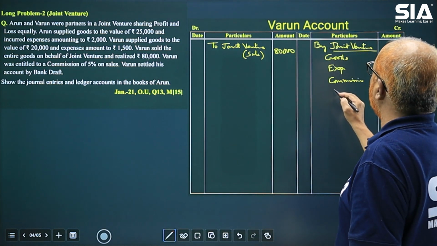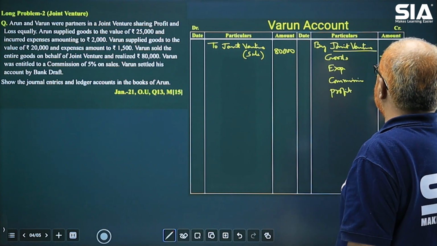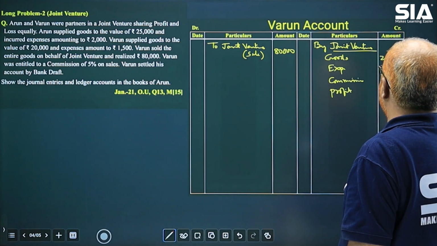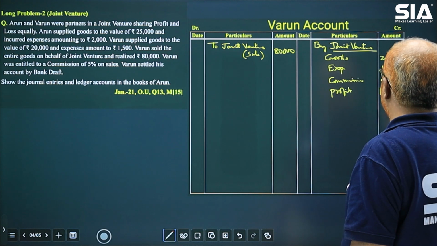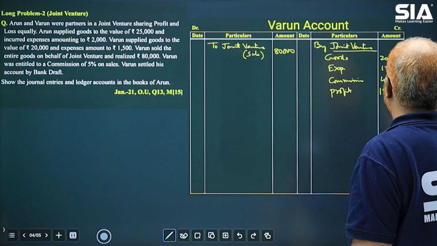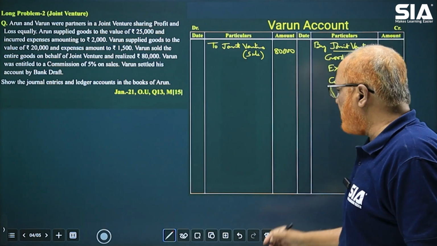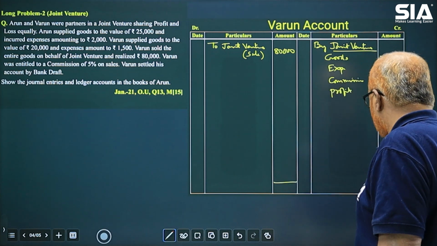So here I am taking profit, 13,750, just now we have calculated. That's all.